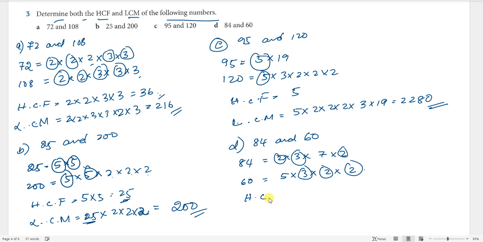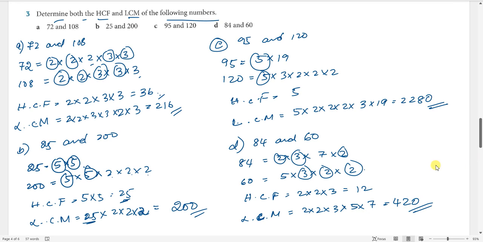So HCF is equal to 2, 3, 2. So 2 times 3 is equal to 12. We have LCM equal to 2 times 3 times the remaining 5 and 7. So we have 5 and 7, equals 420. Okay. So we're done with question 3.